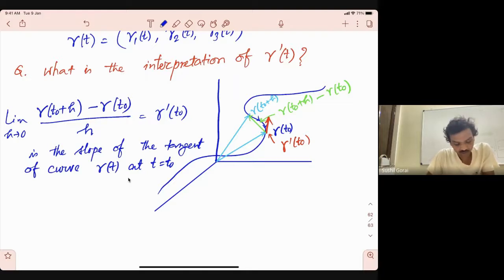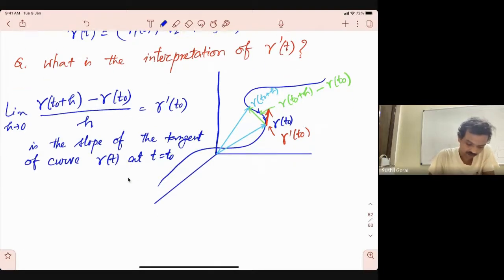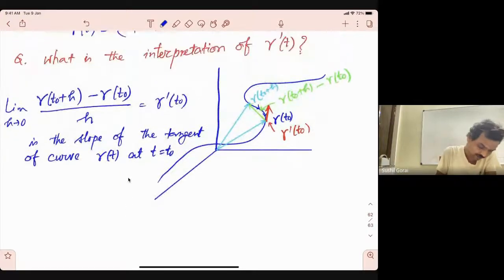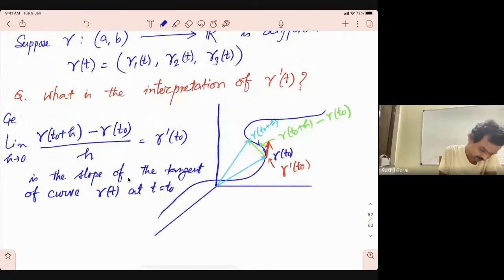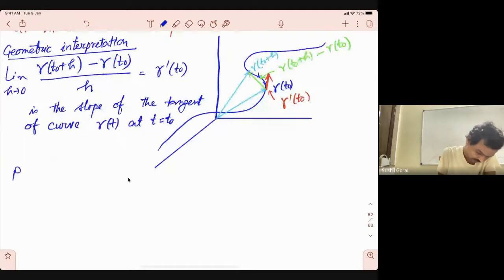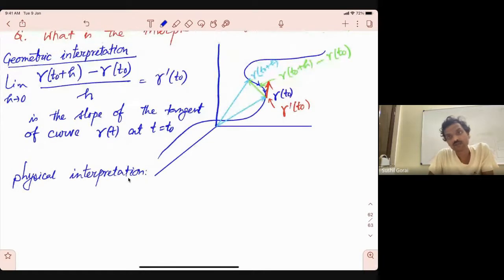Is this fine? So this is the geometric interpretation. And the physical interpretation: this is the rate of change of the displacement.